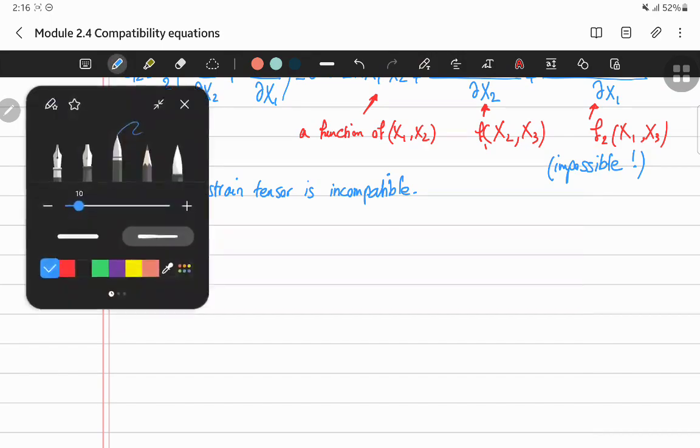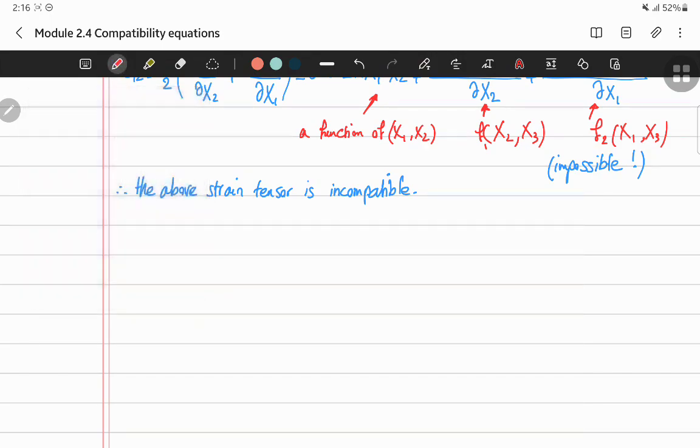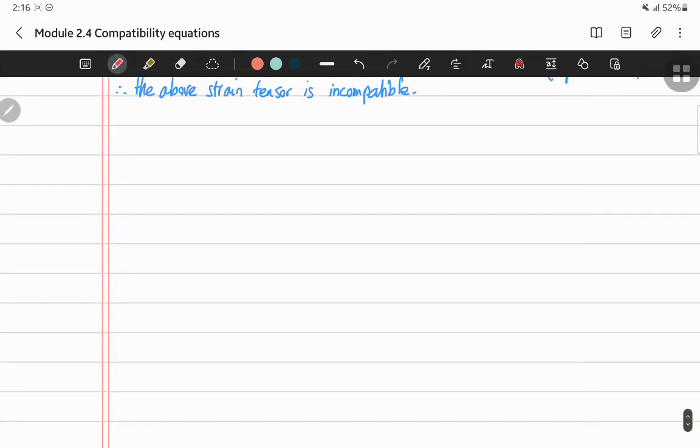So now let's get to another topic, which actually deals with simply connected versus multiply connected domains.